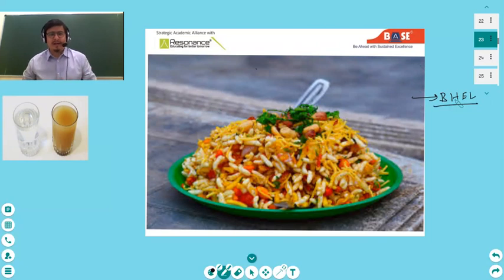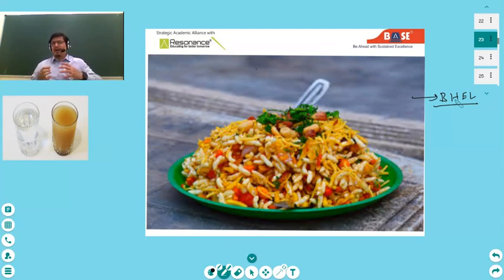Bhel is made up of tomatoes, onion, puffed rice, masalas, chutneys. You mix everything and you eat it. In short, you call bhel a mixture.